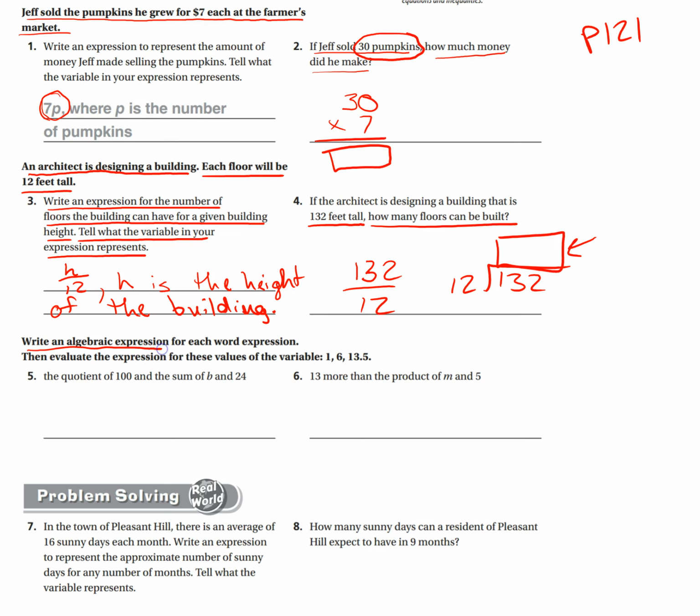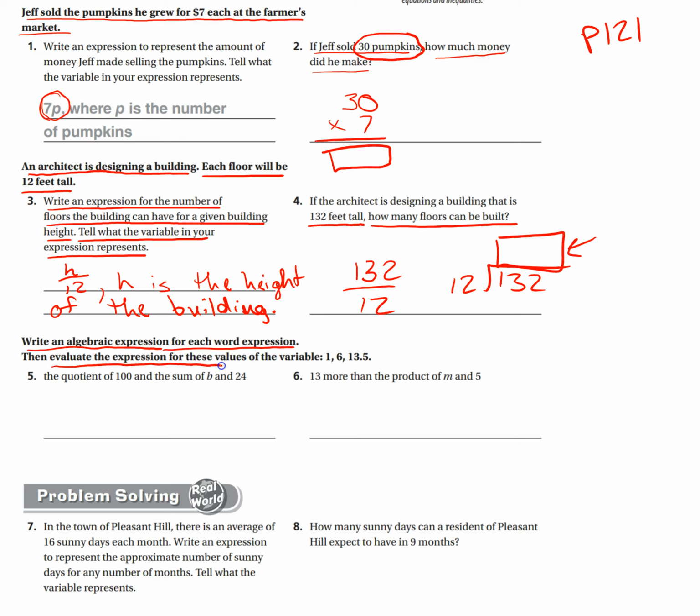Write an algebraic expression for each word expression, and then evaluate the expression with values. So there's going to be 4 different answers really. You're going to have an expression, and then you're going to find the value if the variable equals these 3 numbers. Okay, so number 5, the quotient. So I know I'm going to be dividing 100 and the sum of b and 24.